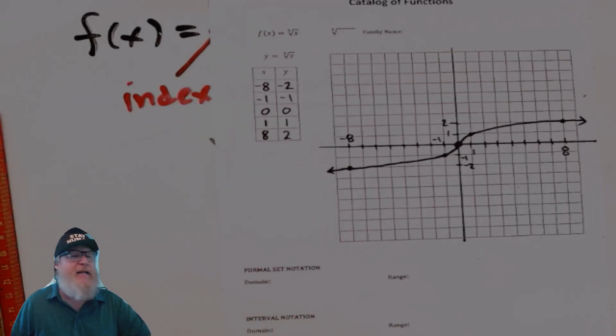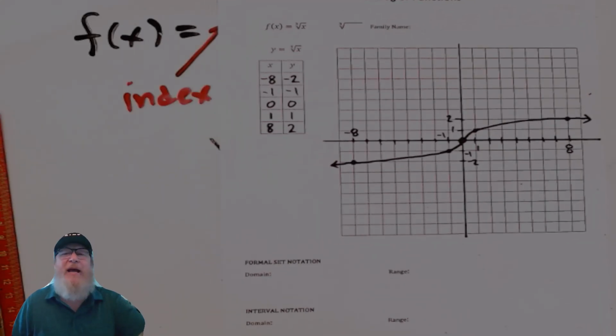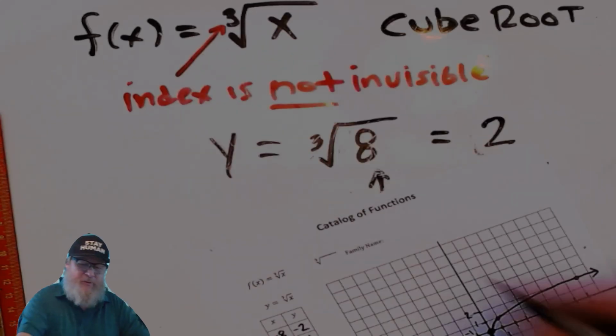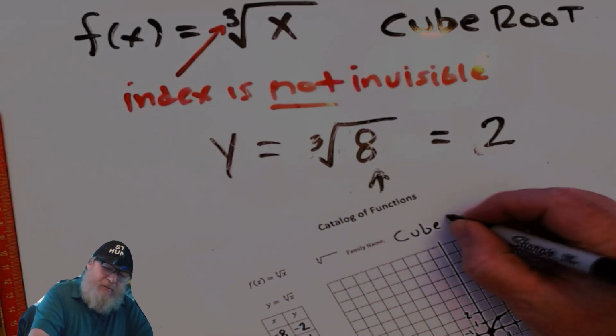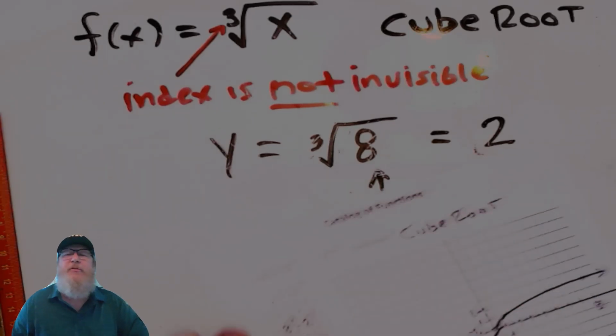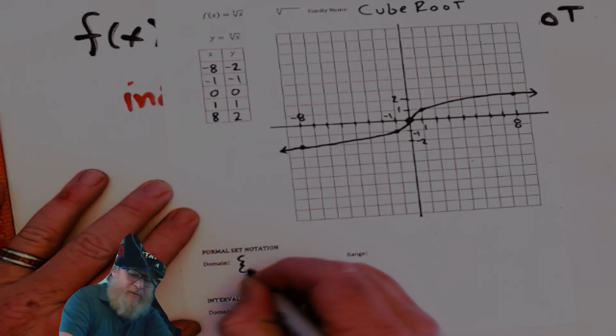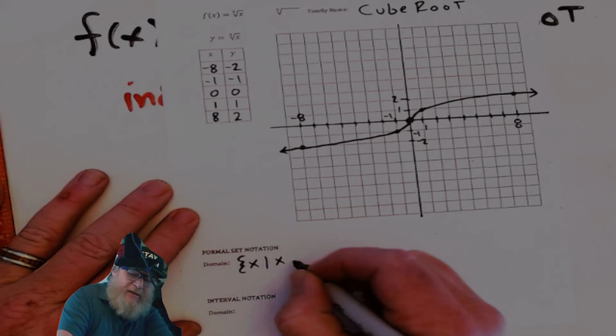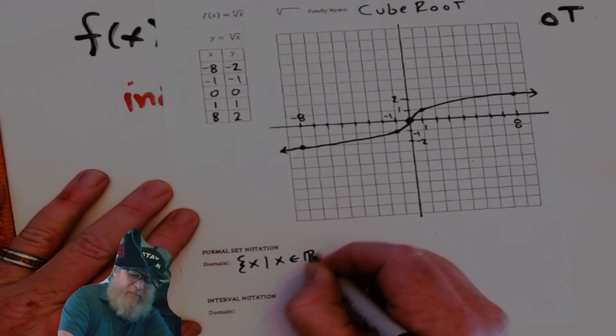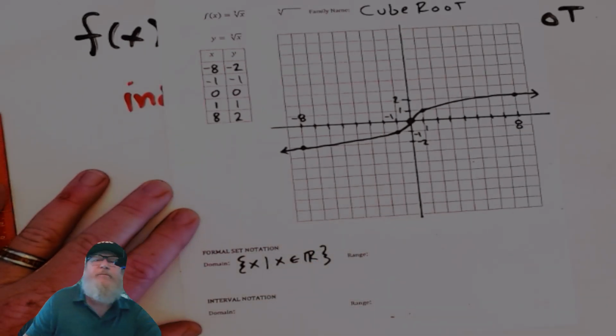And then much like the cubic, the cube root, you get a free answer for the domain and range. Domain: the set of all x such that x is an element of the real numbers.